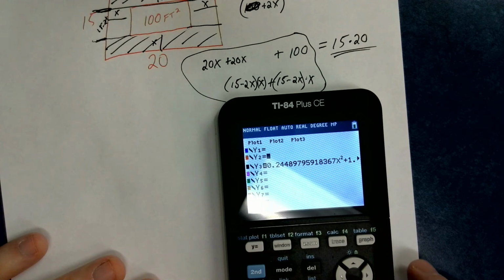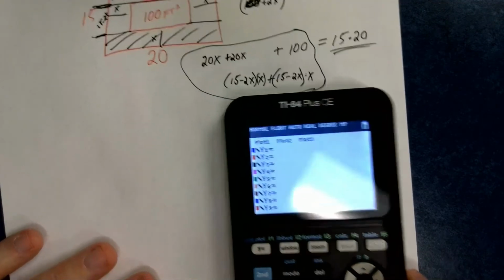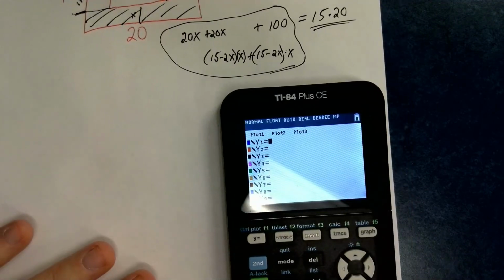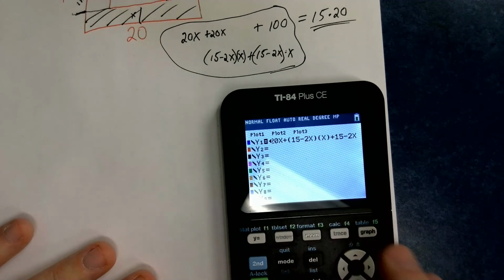Y equals, because again, I don't want to do that by hand. That looks really scary. Okay, so I got 20x plus 20x plus 15 minus 2x times x plus 15 minus 2x, oops, forgot to insert a parenthesis.